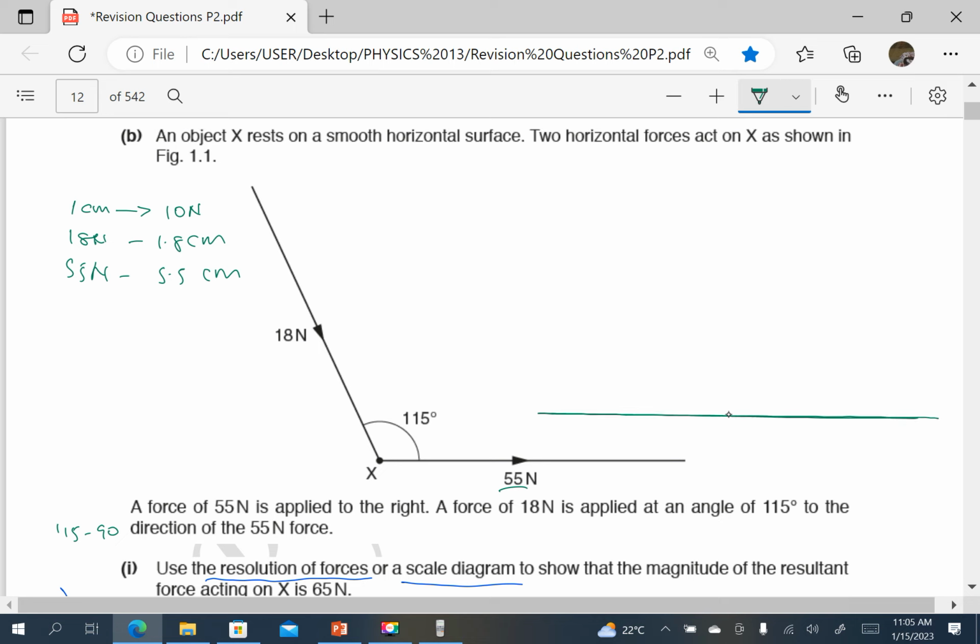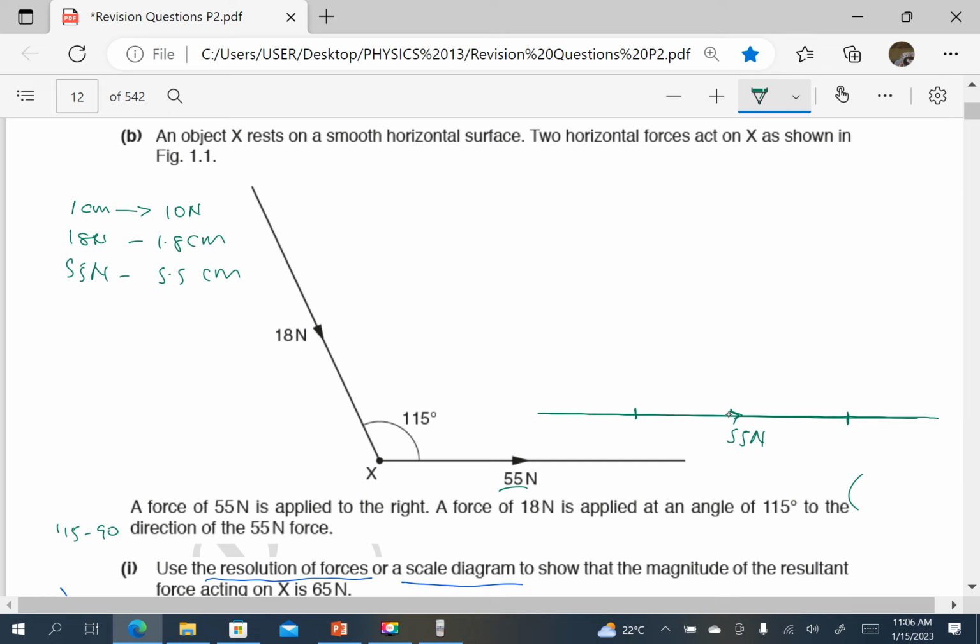Starting from this point here, 5.5 centimeters is around here. So this is pointing in that direction, that is 55 newtons. On that line, I've measured 5.5 centimeters. Then I'll put a protractor to measure 115 degrees.